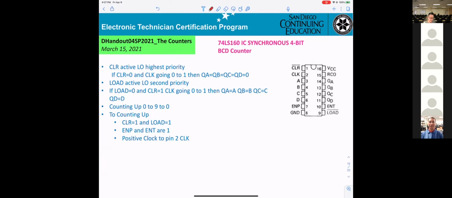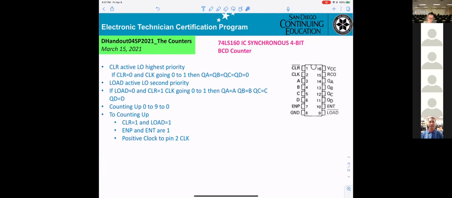Okay, and in here we already explained to you. Clear active low, higher priority. If clear is 0 and clock goes 0 to 1, then QA, QB, QC, QD equal 0.